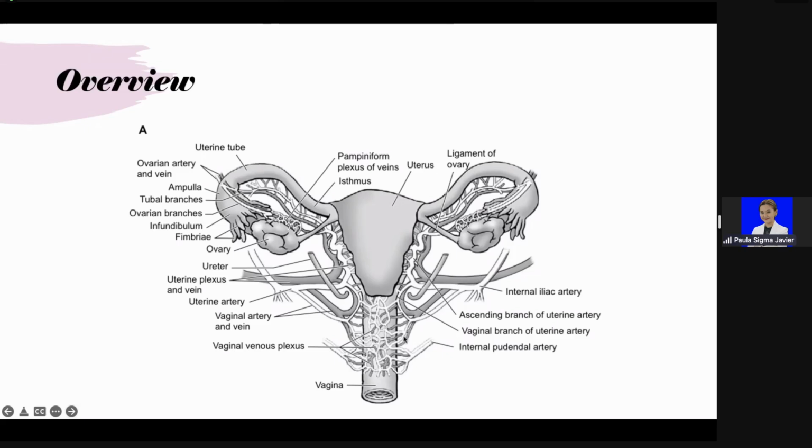And then the uterus, part of the vagina and the cervix, derives its blood supply from the uterine artery, which is a branch of your internal iliac. Okay. Also, the vagina, but you will discuss this in more detail later on, since it's part of the perineum, also derives some of its blood supply from the internal pudendal. Okay.